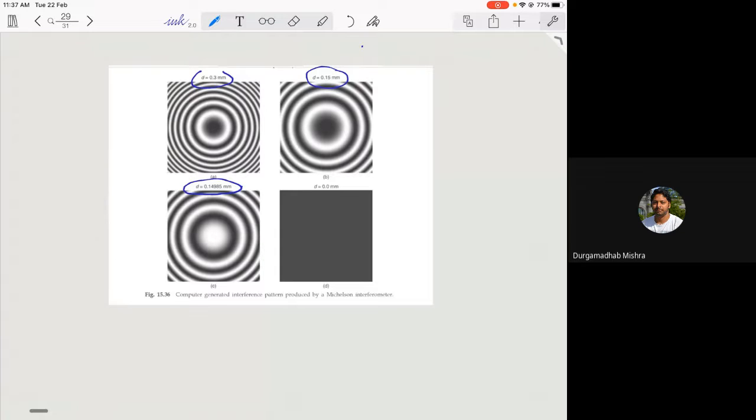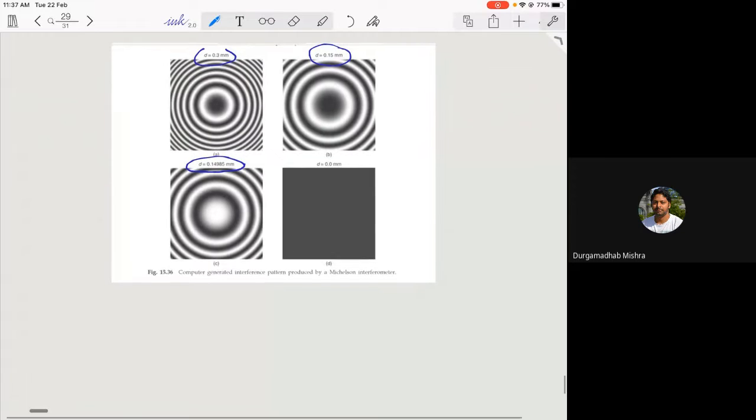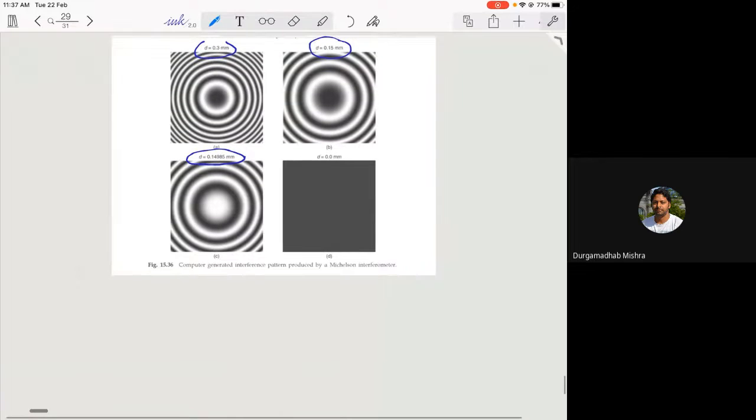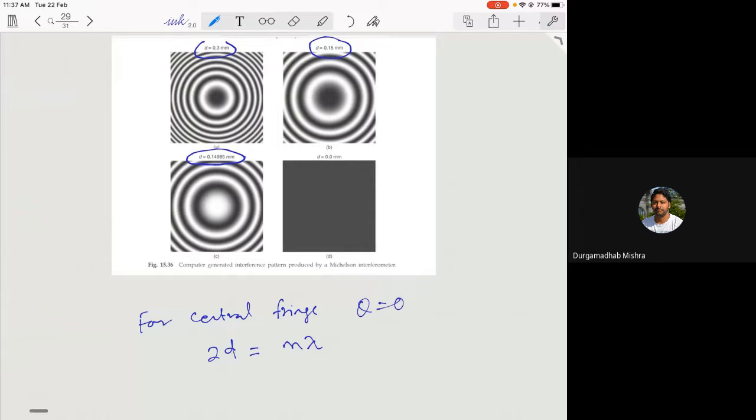If I look at only the central fringe, not the other rings, then for the central fringe, theta is equal to 0. In that case, my condition is 2d equal to m lambda for the maxima.